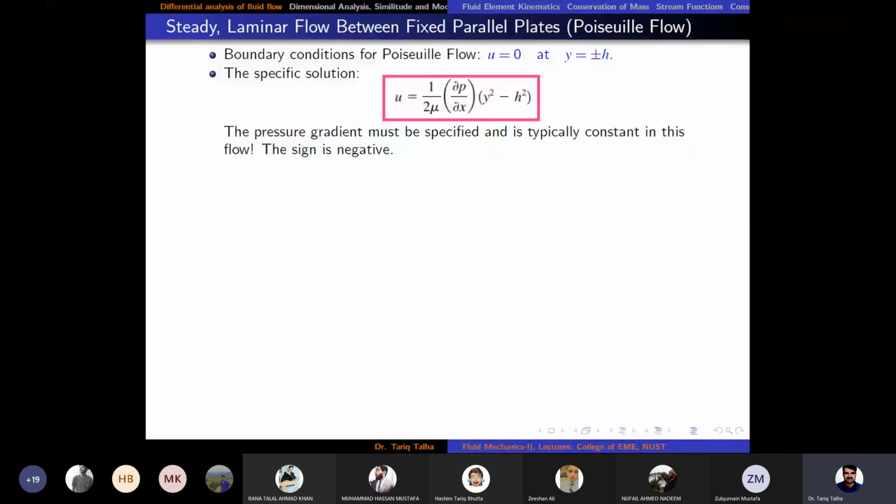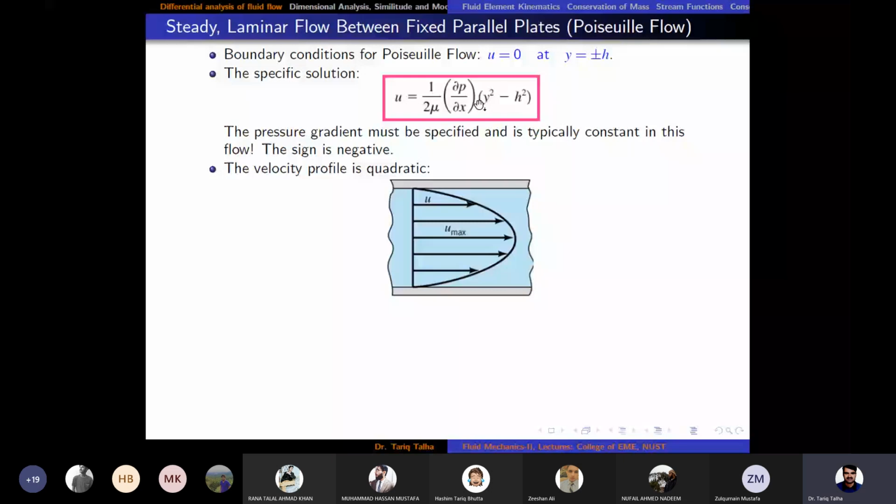So usually partial P by partial x is negative, and because it is a quadratic equation, the velocity would be zero at the wall surface, due to the no-slip condition, and it would have its maximum value at the center between these two parallel plates, and then it would reduce again.